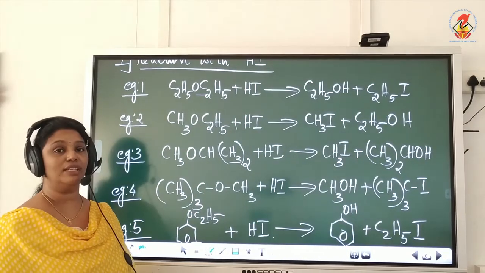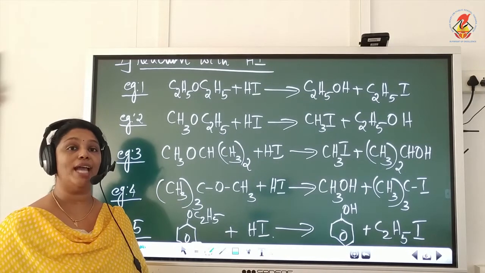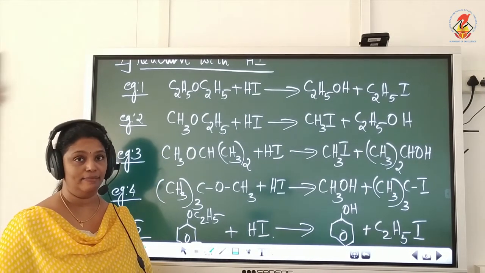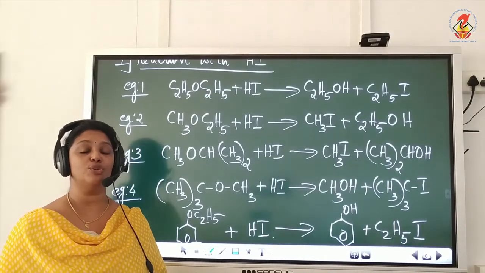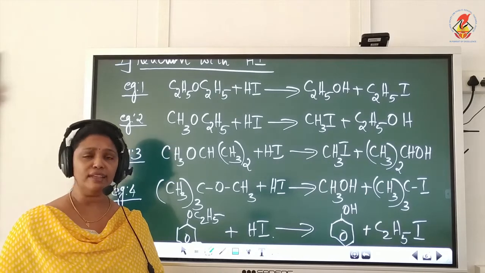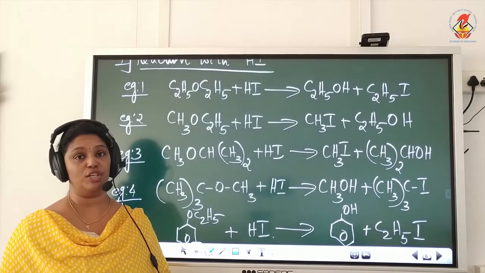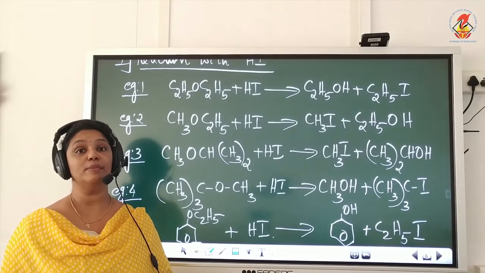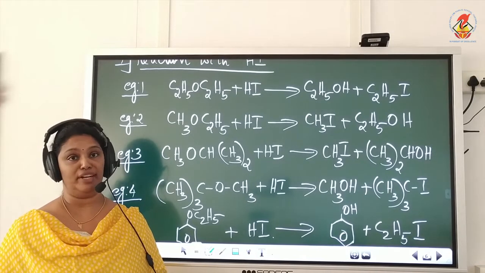With unsymmetrical ethers, when they react with excess of hydrogen iodide, we get alcohol and alkyl halide. But which group will go as halide and which will go as alcohol depends upon the type of alkyl group attached to the oxygen atom, because in unsymmetrical ether, the two alkyl groups attached to oxygen are different.